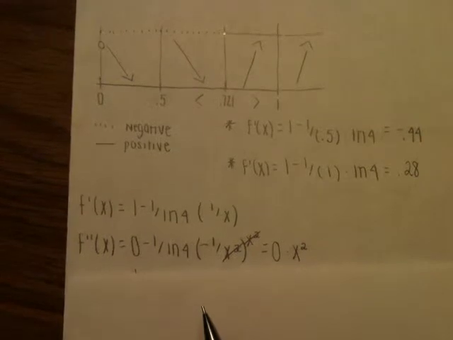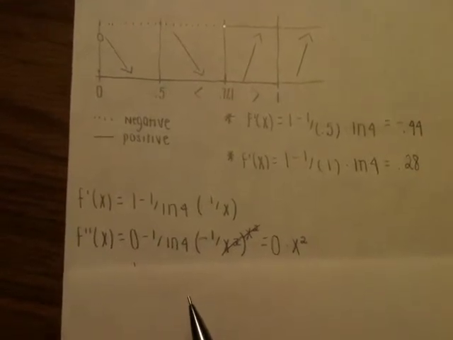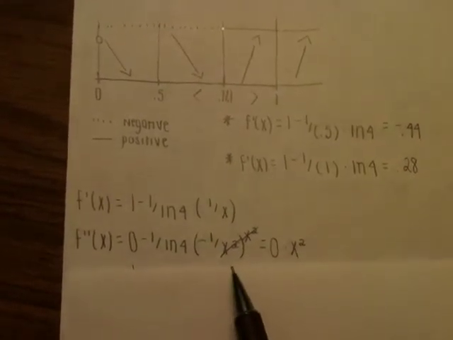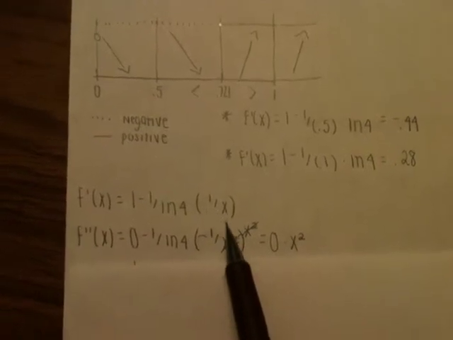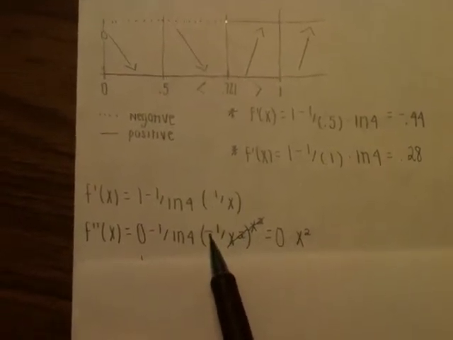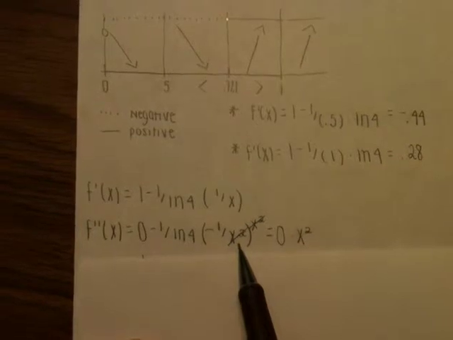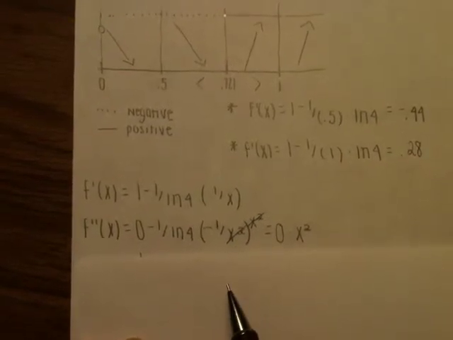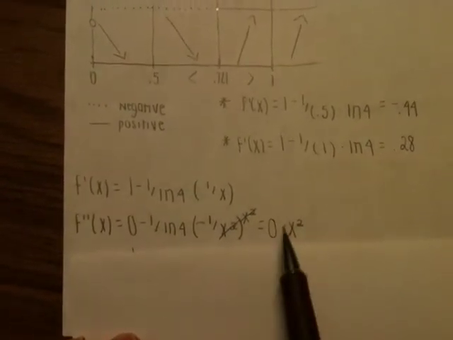To get negative 1 divided by x squared from 1 divided by x, you change the sign and add 1 to the exponent.